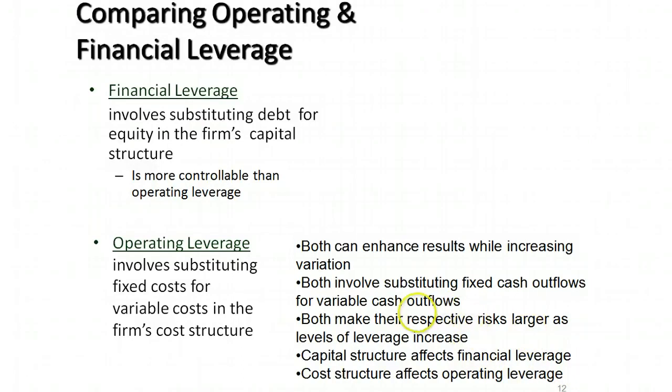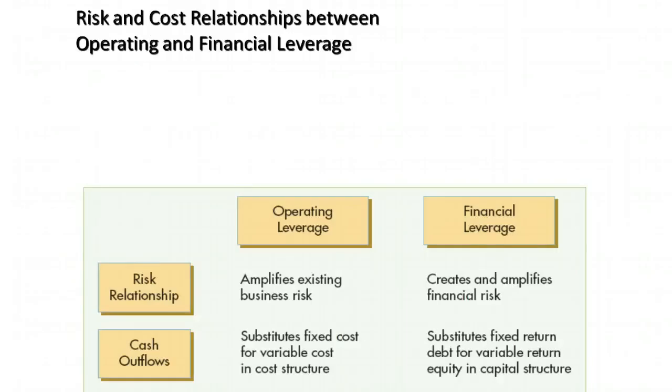And remember, capital structure affects financial leverage, cost structure affects operating leverage. On risk: operating leverage amplifies business risk, and it substitutes fixed costs for variable costs. Financial leverage creates, if we didn't have any debt, or amplifies financial risk if we had debt, and it substitutes debt for equity.